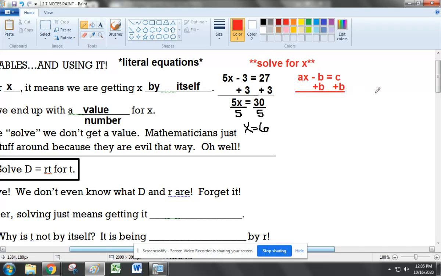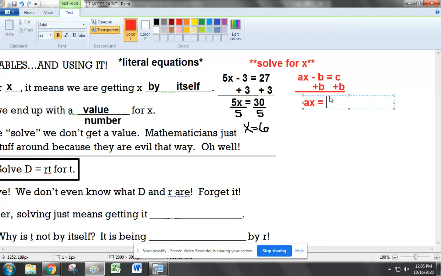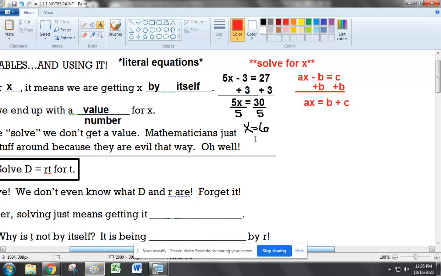It might not be what you were expecting, but if the goal is to get x by itself, that's what we're trying to do. That would give you ax equals b plus c, because I don't know what they are, so we have to just leave it.